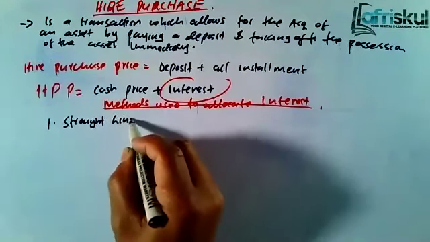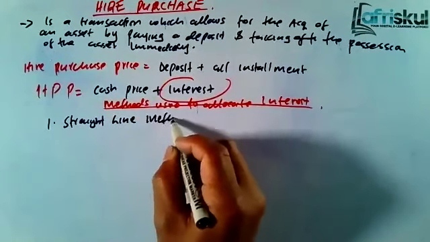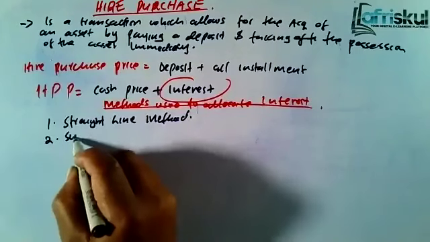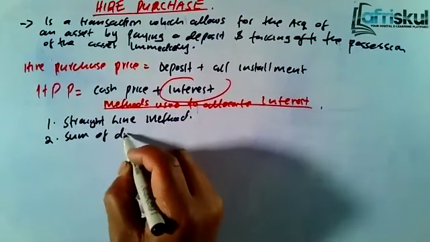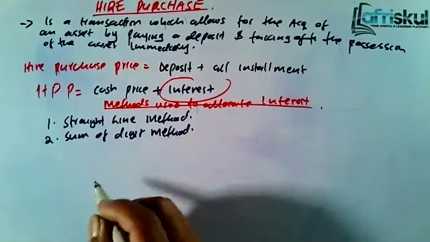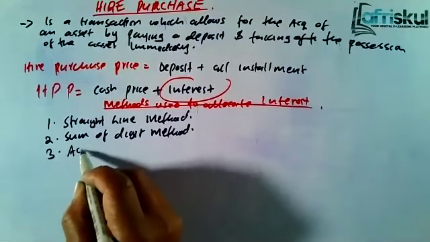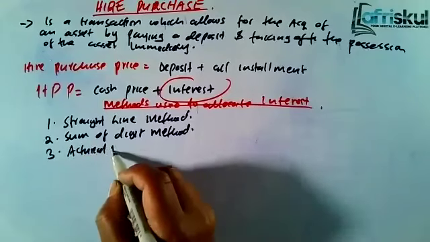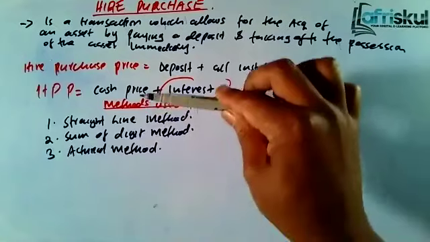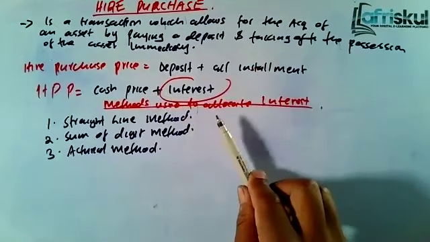Number two, we have the sum of digit method. And then another method you can use is the actuarial method. Those are the major methods used to allocate the interest.